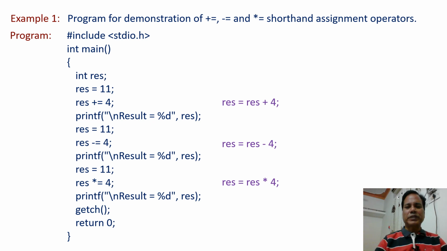Using the next printf statement, we print the value of res, that is 44. We are familiar with the getch statement that keeps the output screen displayed after execution of the program. The last statement is return 0, which indicates that everything is okay. The close brace indicates the end of the code. Now when this program is run, we get the output like this.